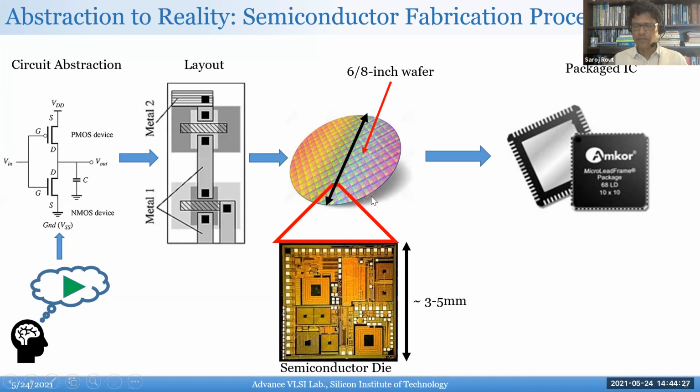Newer processes, like the ones where the Qualcomm and Intel processors are made, use 12-inch wafers. So they take the layout, tile and copy it, and make as many chips as they can on each one. But this is all done at once, right?